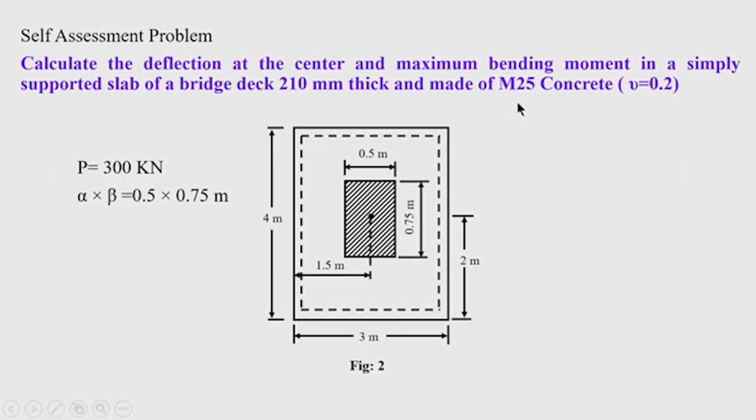We take the grade of concrete as M25, whose characteristic strength is 25 Newton per millimeter square. Poisson ratio of concrete is assumed as 0.2. So, loaded area is 0.5 cross 0.75 and total load is 300 kilonewton.